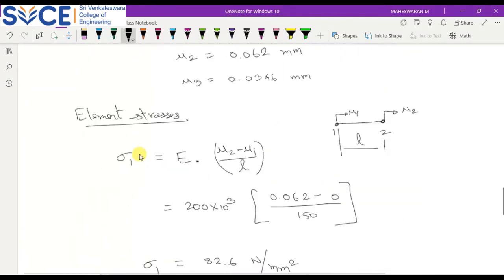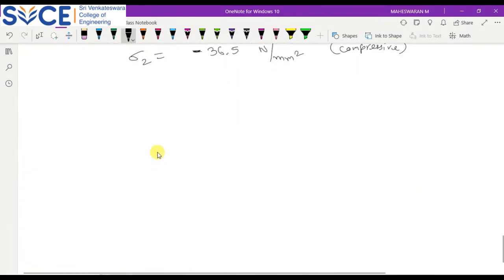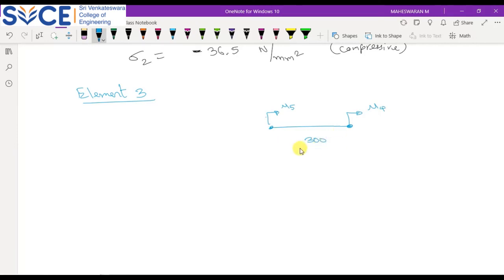Next, let me go for element 3. For element 3 you have a connection with respect to U4 and U5, and your length is around 300 mm, right?